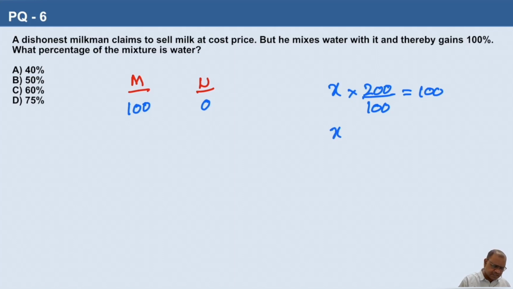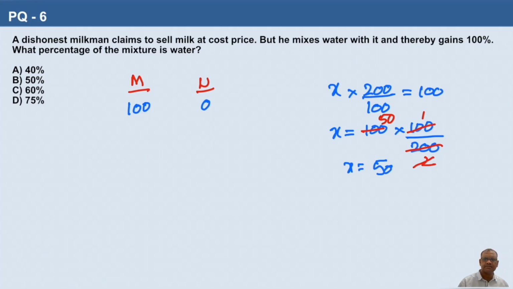So X is equal to 100 into 100 by 200. Simplify this 2 times, so this is 50 times. So X is equal to 50. The cost price of the mixture is 50.